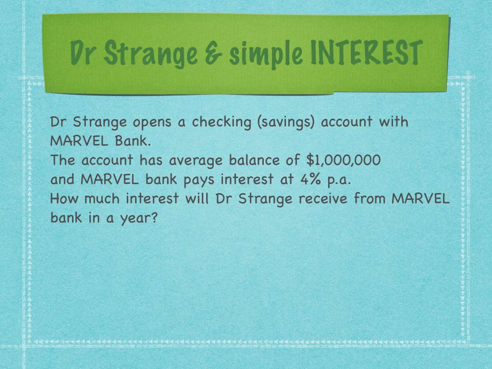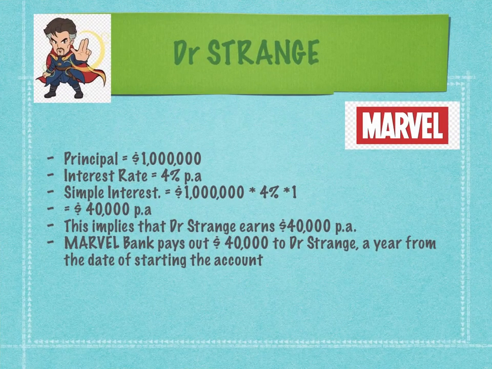So if you're ready for your mathematical calculations, either keep a calculator ready or you can open up your Excel sheet. In Dr. Strange's example with Marvel Bank, the principal amount is $1 million. The interest rate is 4% per annum. Using the formula P multiplied by R multiplied by N divided by 100, we get simple interest of $1 million multiplied by 4% multiplied by 1 year.